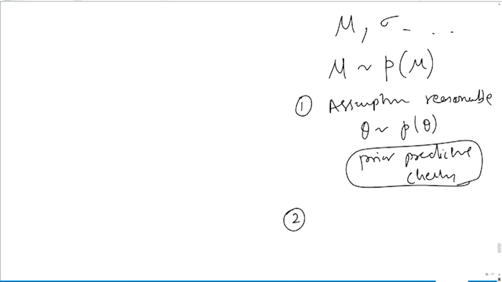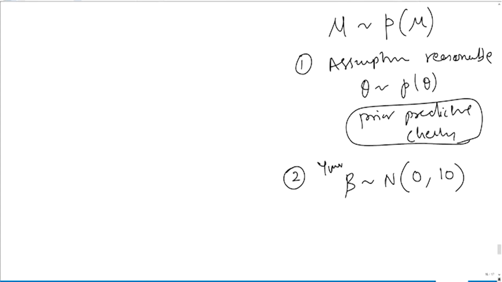You can express their beliefs using prior distributions. So, let's say hypothetically, you believe about a parameter theta, let's say it's about some effect size, let's say the parameter is beta, that its value lies somewhere between minus 20 and plus 20. This is your belief.